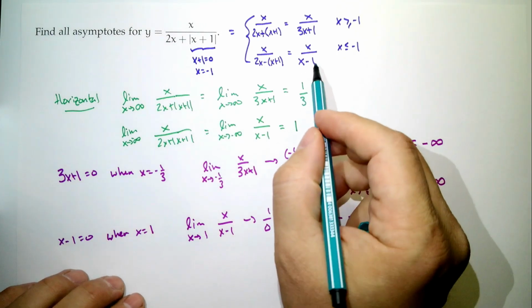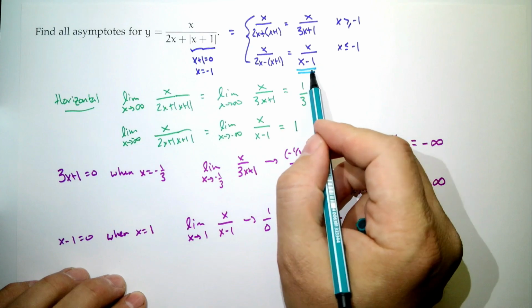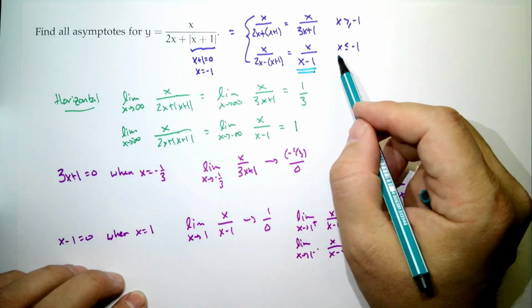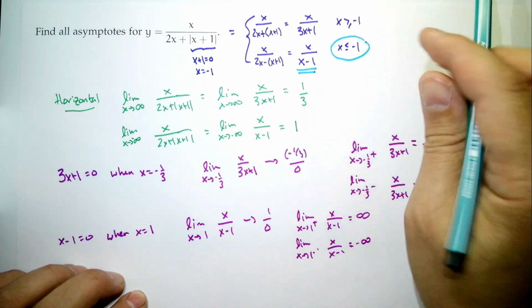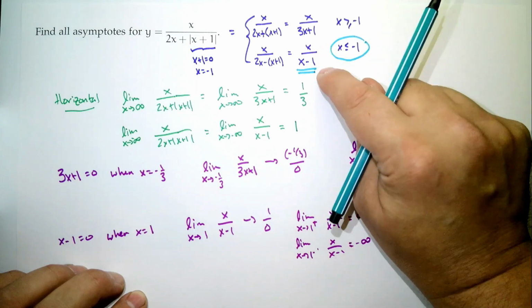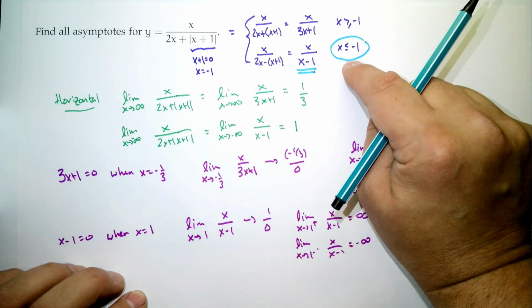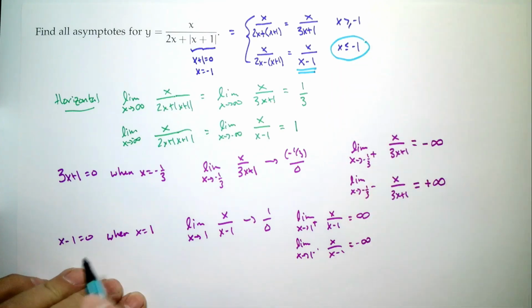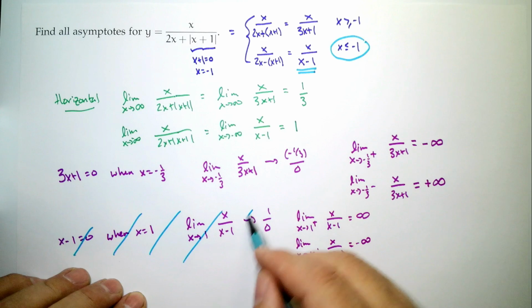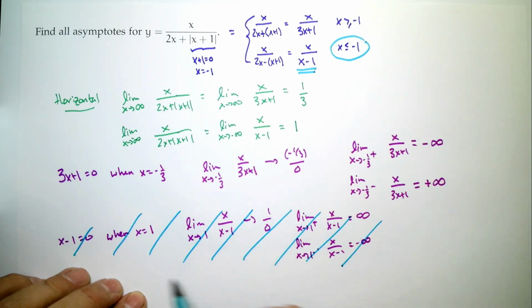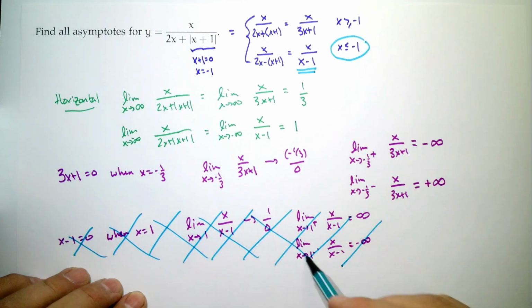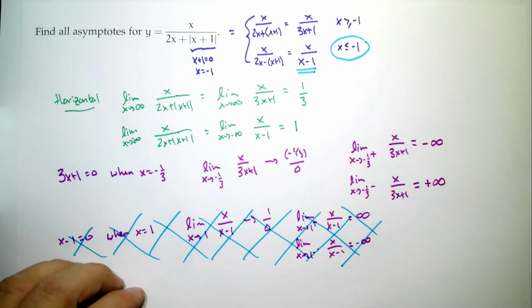Look, this has a problem at x equals 1. But do I care about that problem? The answer is no. I only care about the expression x over x minus 1 if x happens to be below negative 1. So the fact that there's a problem at 1 doesn't matter. We don't see it, because when x equals 1, it's a totally different piece of the function. So be careful. Make sure that what you're doing actually applies to the right part of the function.